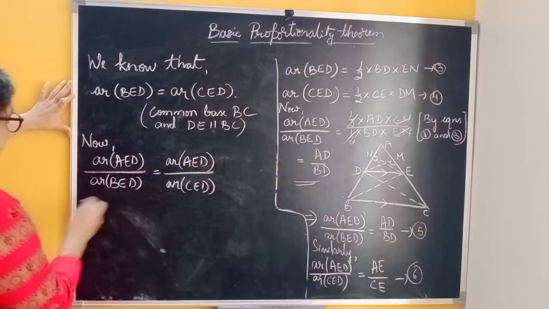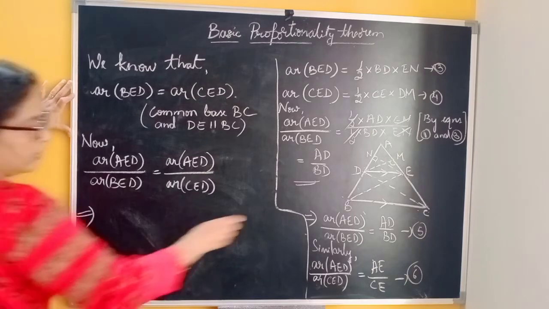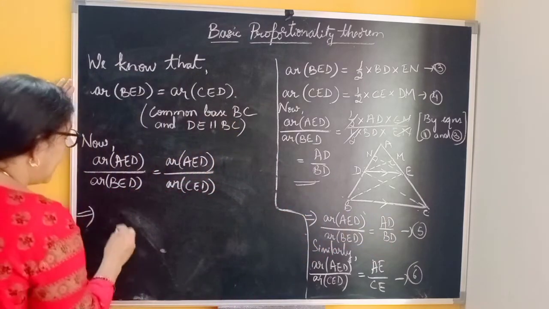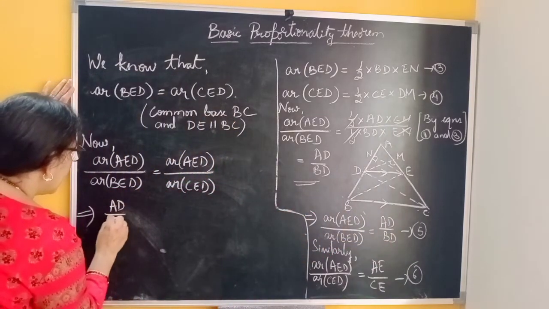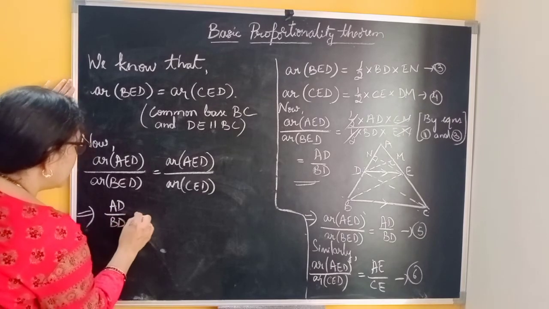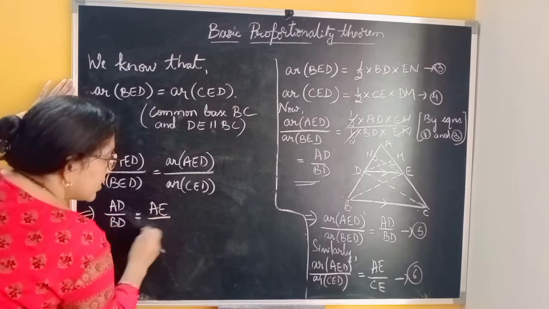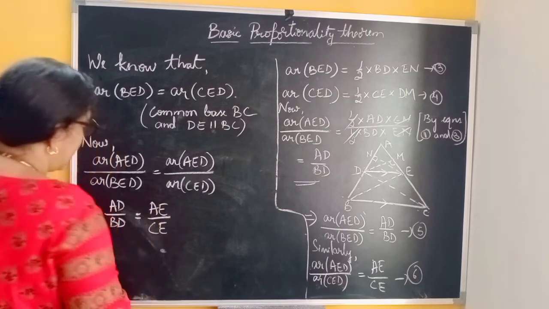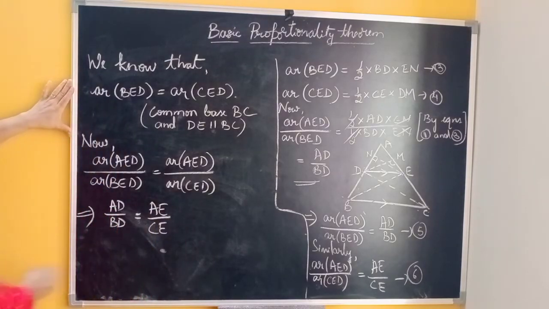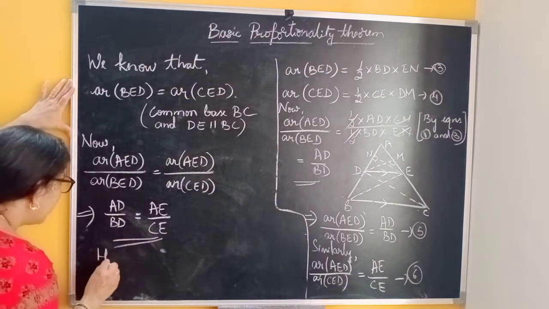Obviously this implies AD by BD is equal to AE by CE. That means the RHS are also equal. So we have proved our statement. Hence the proof.